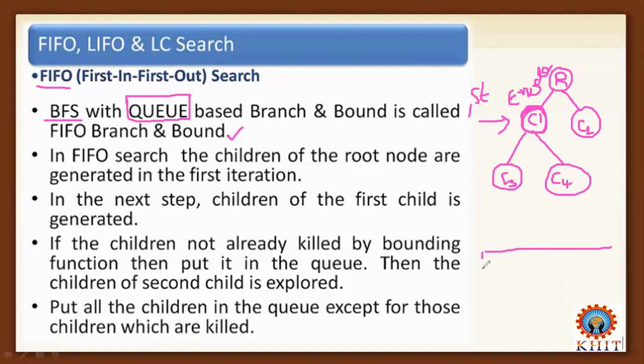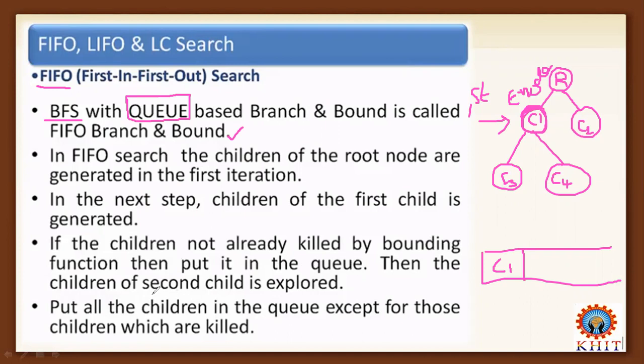Assume that this is the queue, first in, first out. Here, which node do you need to keep first? Which one is first in here? First in is C1. You can put C1 here first. If the children are not already killed by the bounding function, then put them in the queue.